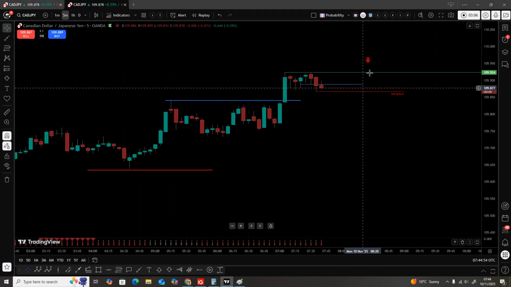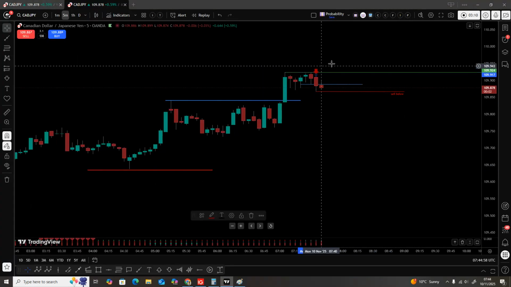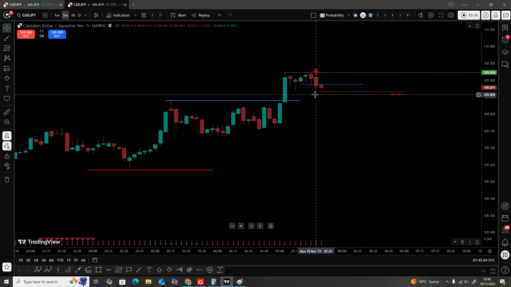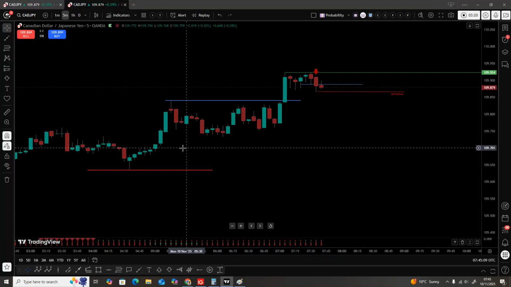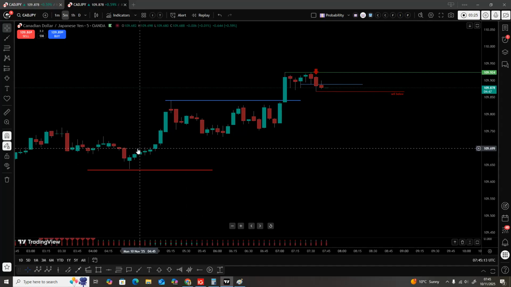What is a momentum low bar? This here is a momentum low bar. You need to find a structural bar, then a trade below the structural bar gives you a momentum low bar. A trade above a structural bar gives you a momentum high bar.